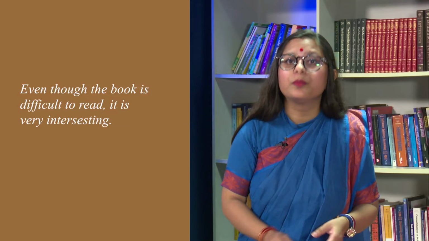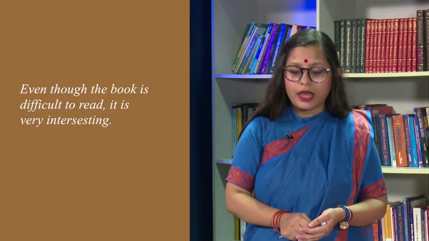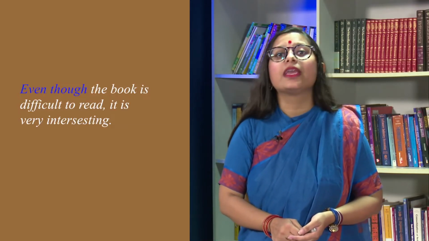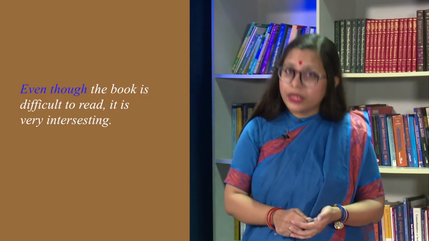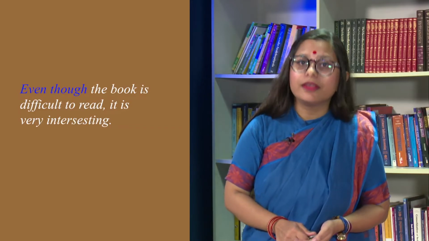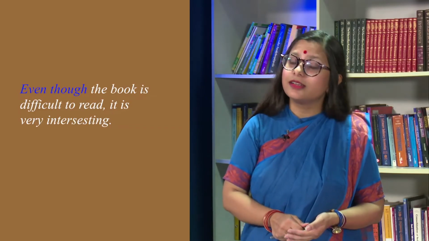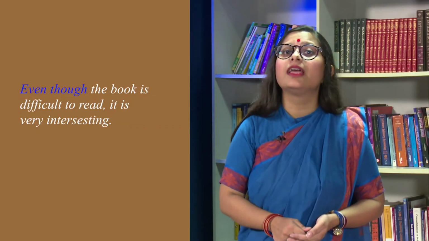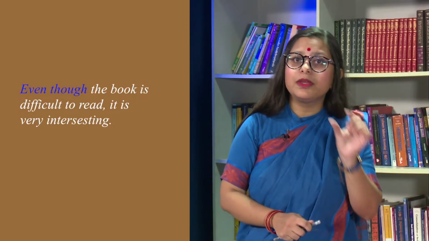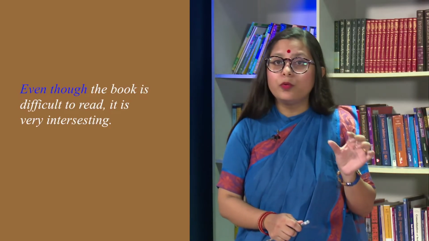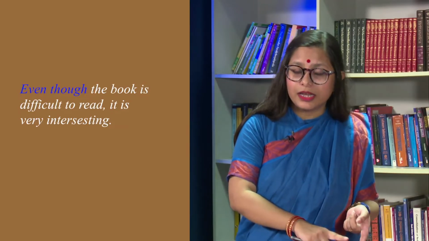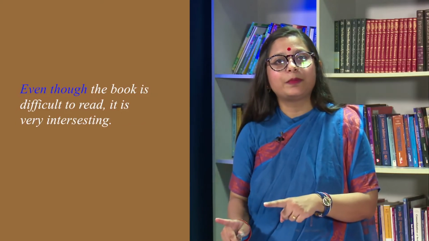The next example I am going to give you. Even though the book is difficult to read, it is very interesting. Even though is working as a connector or as a linking word. This is linking between these two clauses: the book is difficult to read, it is very interesting.